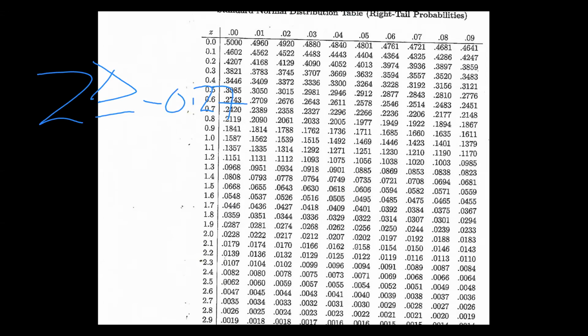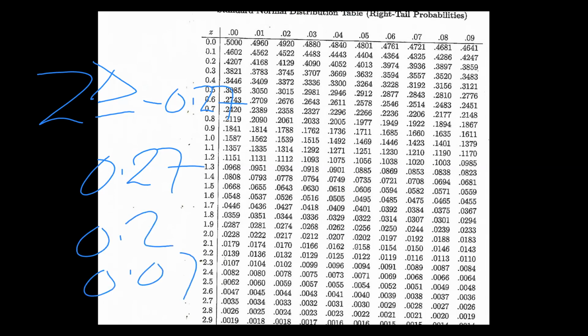So you have 0.27 that you can break down as 0.2 and 0.07, isn't it? So you go where there is 0.2 and 0.07, where they meet. You have seen where they meet.